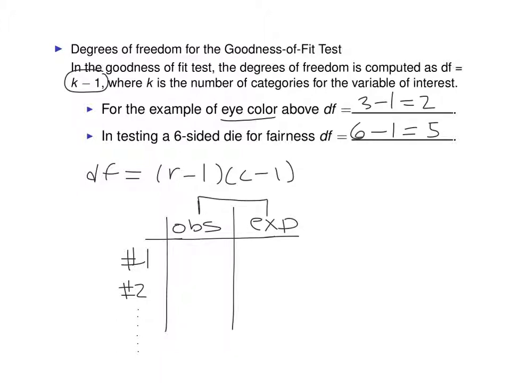So the number of columns will always be 2, and 2 minus 1 will always equal 1. And then the number of categories, in this case, was 6 minus 1. The reason they simplify it to k minus 1 is that because you only have observed and expected as columns, you're always going to have only 2 columns. But it effectively is the same formula.